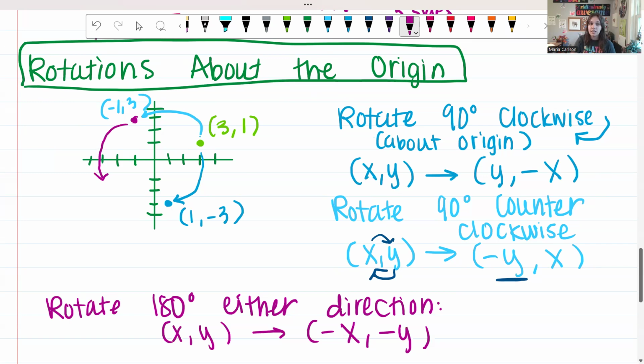Or if I rotate it 90 degrees clockwise from where we had already rotated 90 degrees clockwise to, right? If we're working from the point 1, negative 3, and we rotate it 90 degrees clockwise, we're going to end up at the same spot. So this is the point negative 3, negative 1.